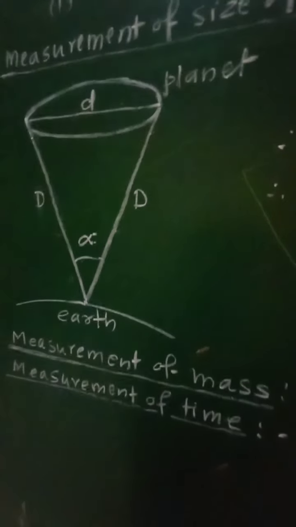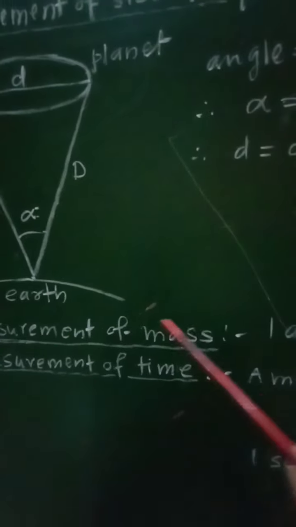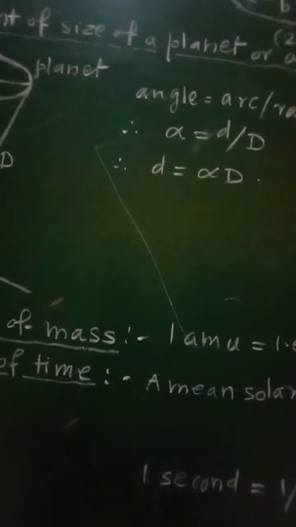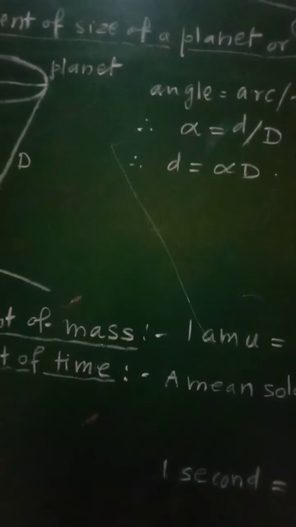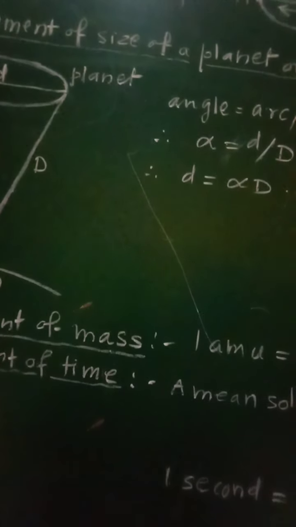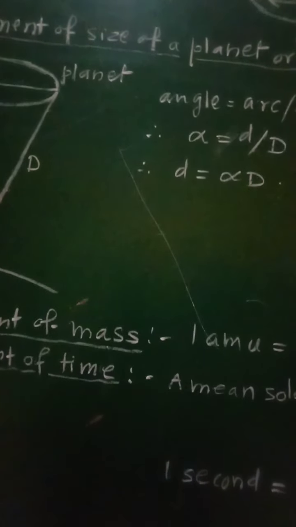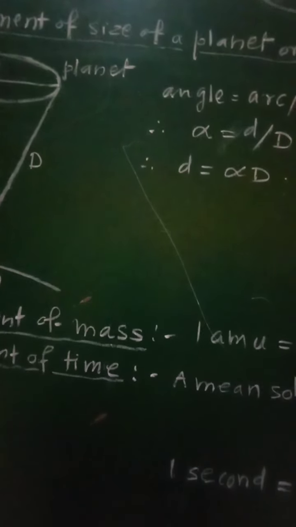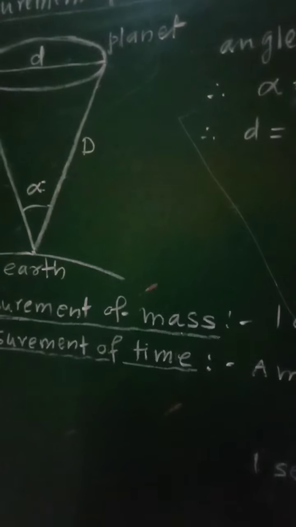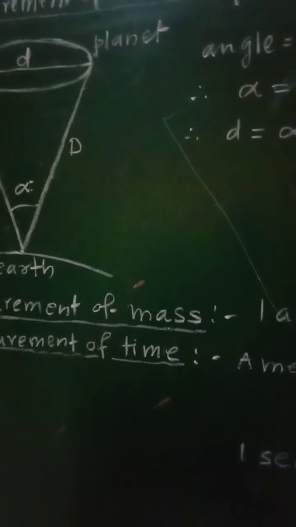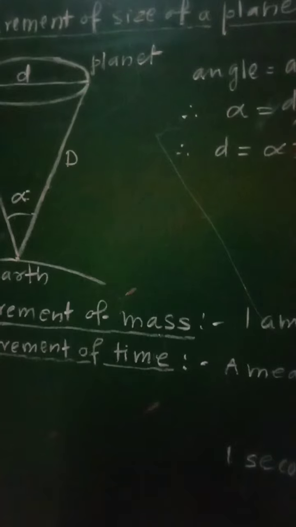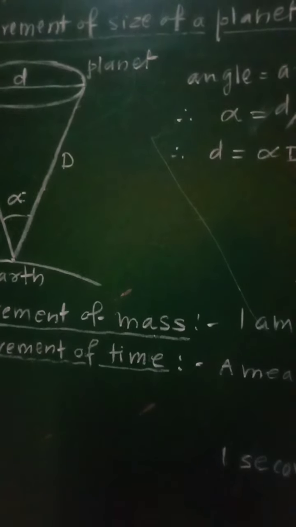For the measurement of mass, a kilogram is the unit of mass, and a kilogram is the mass of a shiny piece of platinum iridium alloy kept in a special glass case at the International Bureau of Weights and Measures.